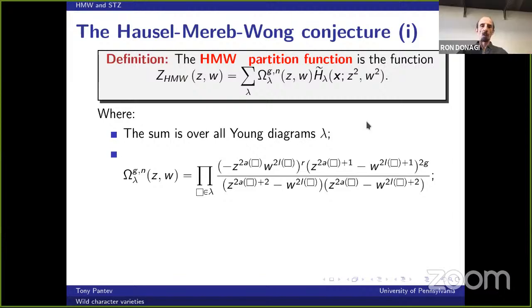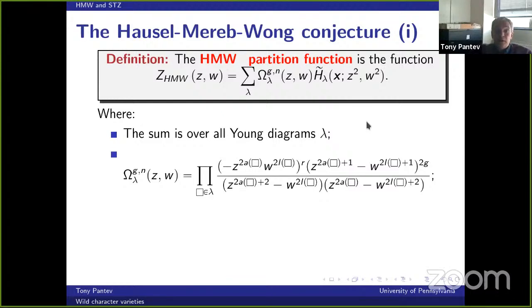And here is the answer. So this is this conjecture of Hausel, Mereb, and Wong. It says that you can write a partition function. So it's a completely explicit function, very similar to the one of Mednykh that I described, the Dijkgraaf-Witten partition function for the finite groups. So it's a sum over representations of the general linear group. So these lambdas are Young diagrams.